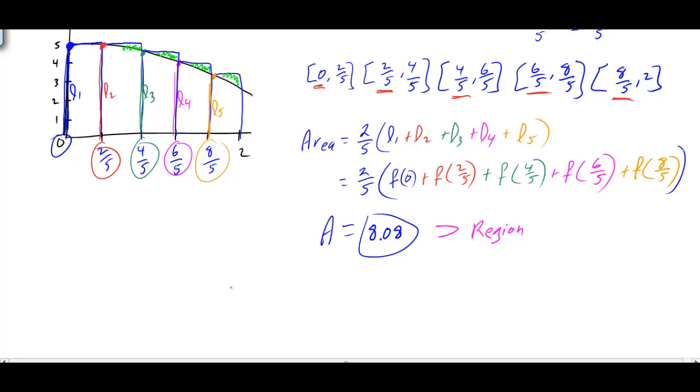So we know that if we had 6.48 before, then the actual area is going to be greater than that, but it's going to be less than 8.08. So we know it's going to be somewhere in between 6.48 and 8.08.